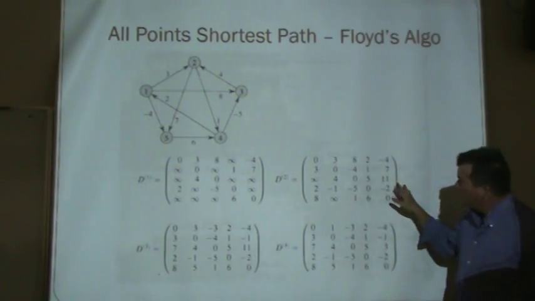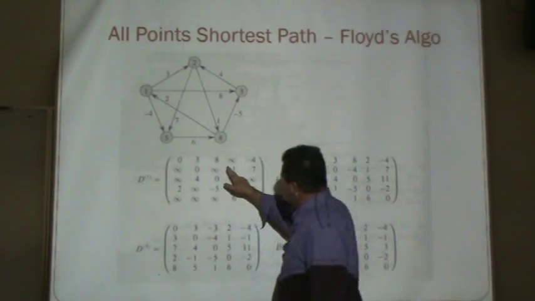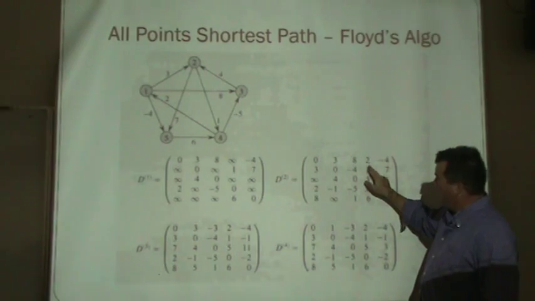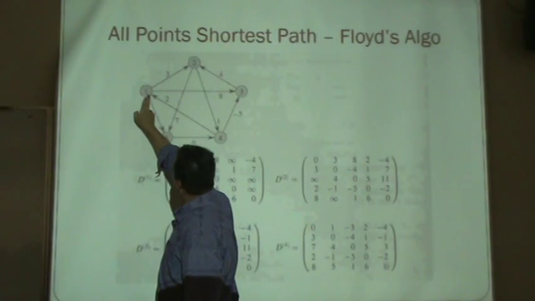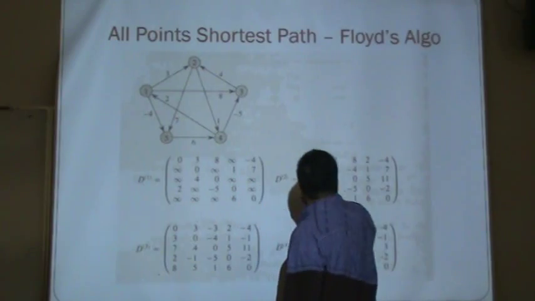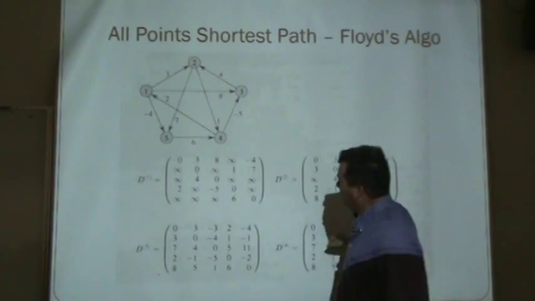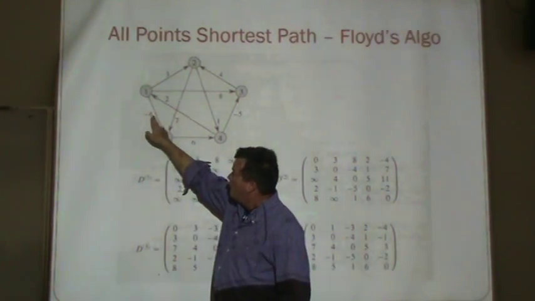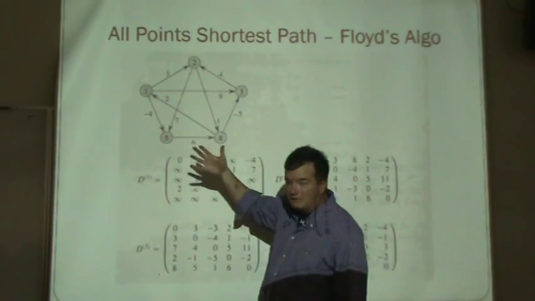So after 2 passes, for 2 hops, what changed from the first one? This one's 0, 3, 8. This infinity became a 2 to get from 1 to 4 using 2 hops. So we could go from 1 to 5 with a cost of negative 4, and then from 5 to 4 with a cost of 6, so 6 and negative 4 is positive 2.